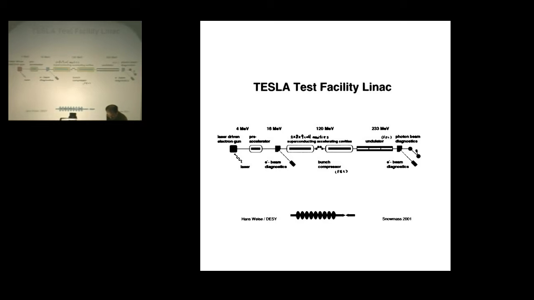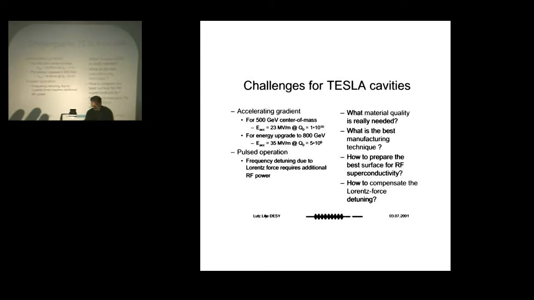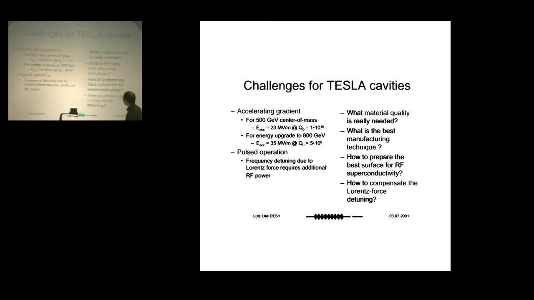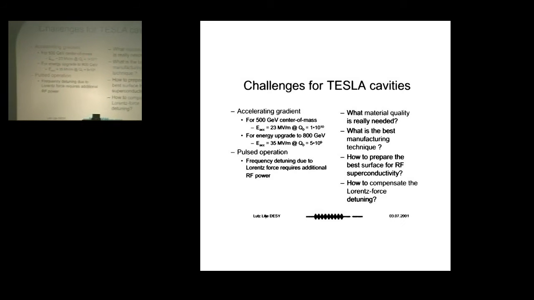Basically, there are two things as challenges for Tesla cavities. I took this from the website. So first is a high accelerating gradient, 23 megavolt per meter for the Tesla 500 and 35 for 800.